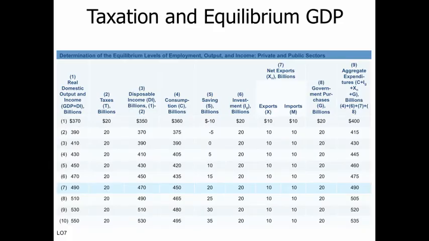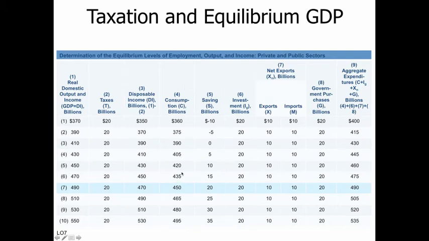So, back to our table, if now we consider the effect of this lump sum tax of $20 billion, and we deduct the 20 billion from the original level of income here, so 370, take the $20 billion off, gives us this $350 billion in disposable income.